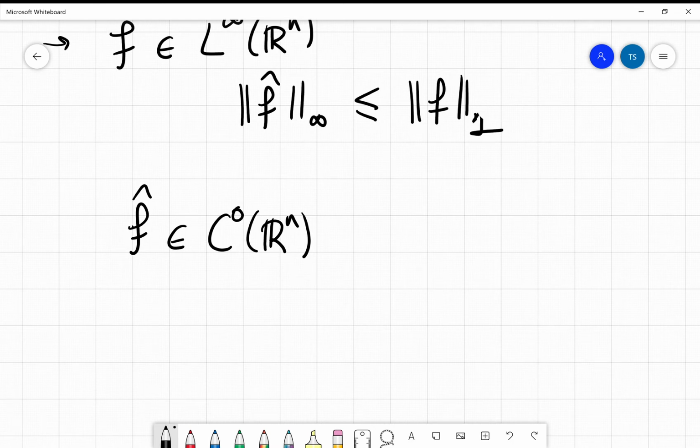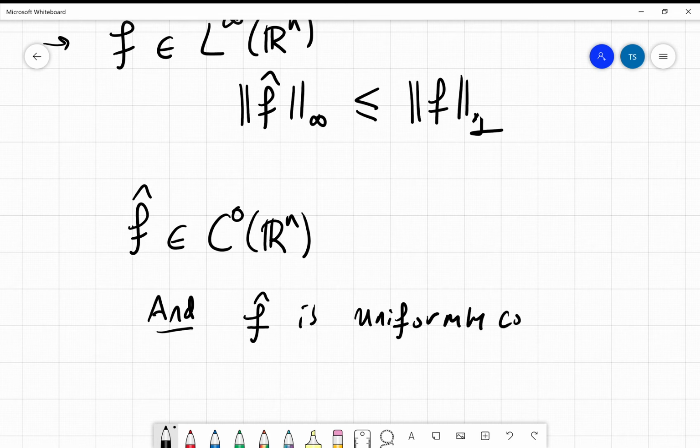And in fact, f hat is uniformly continuous. Okay, so it's continuous on Rn, and in fact, it is uniformly continuous.